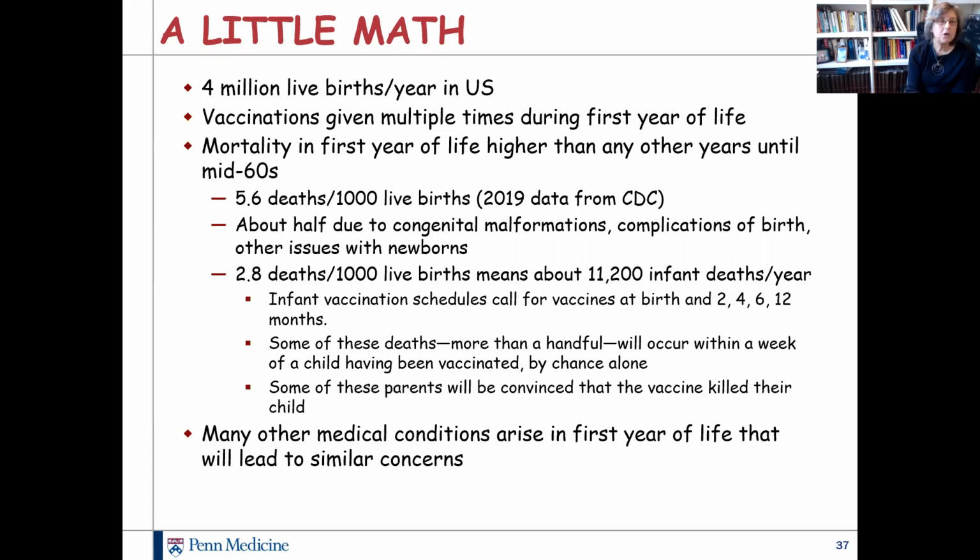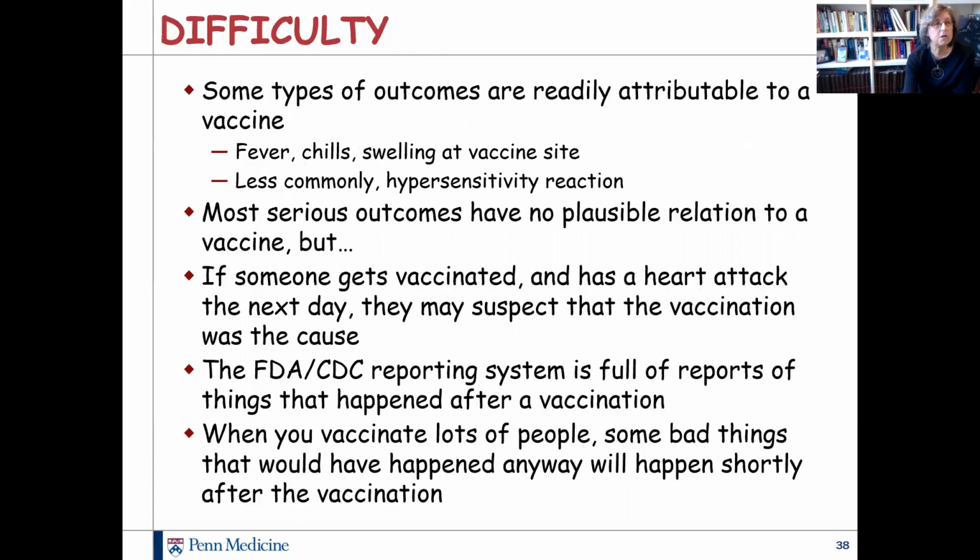But a parent who has their child vaccinated and then something bad happens to the child within a few days after the vaccine, many of those parents are going to be convinced that the vaccine killed their child. And of course, it's not just deaths. There are many other medical conditions that arise in the first year of life. Now, some types of outcomes are readily attributable to a vaccine.